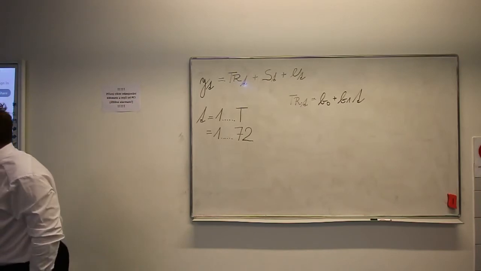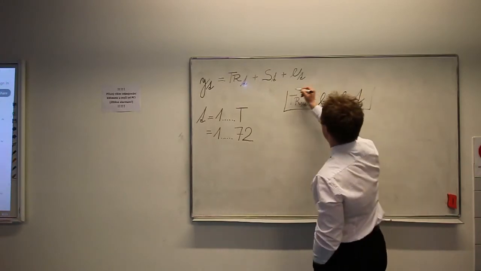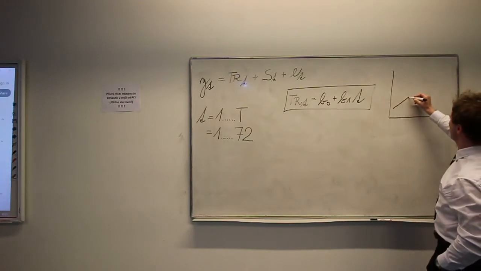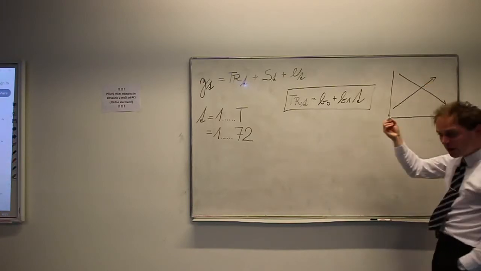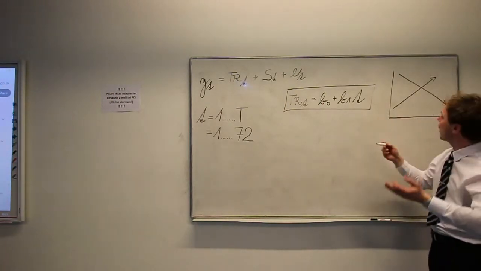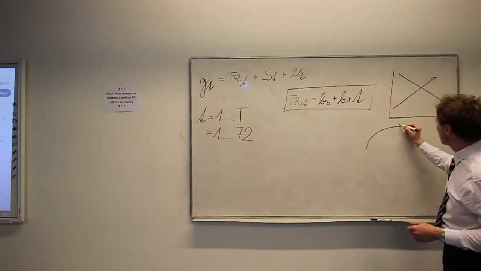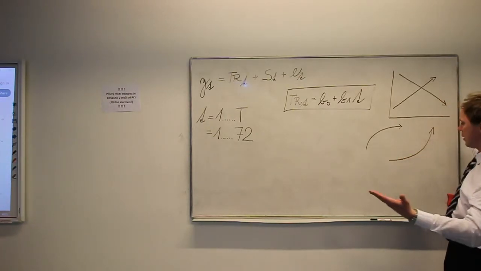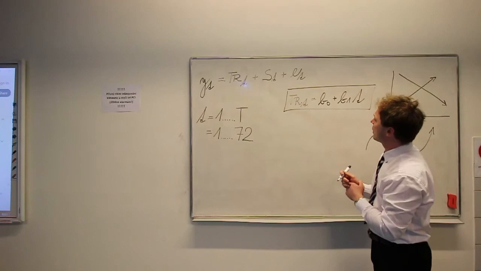So this is the trend, a linear trend, either decreasing or increasing. It is some long-term tendency, long-term development of the time series. We know that it's possible to have a parabolic trend or exponential trend, etc. But in this course, I can show to you only the linear trend.